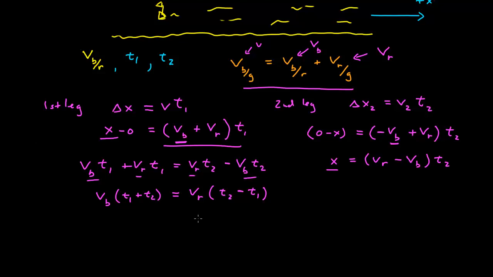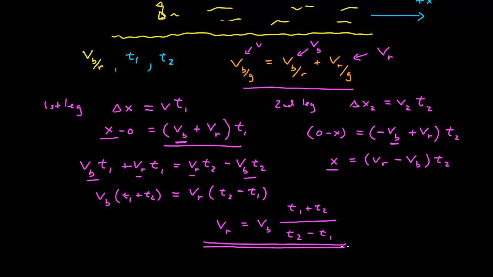Now solve, and I get the velocity of the river relative to the ground is equal to the velocity of the boat relative to the river times the ratio of t1 plus t2 over t2 minus t1. And so this is now a general expression for the speed of the river.